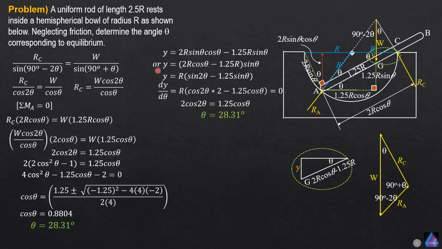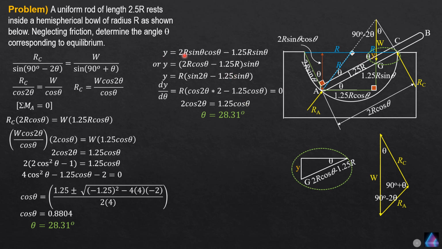So another way of calculating y to prove that the result is the same is quantity 2r cosine theta minus 1.25r, then times sine of theta. So if you expand, that's 2r cosine theta sine theta, which is the same as that, then minus 1.25r sine theta, right? So just one expression, the convenient way for you to analyze the length of y.